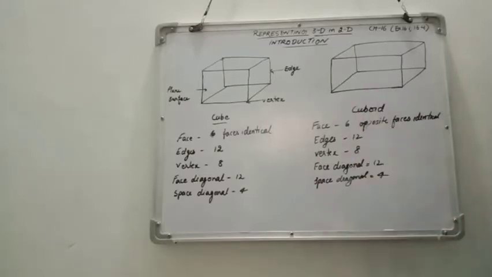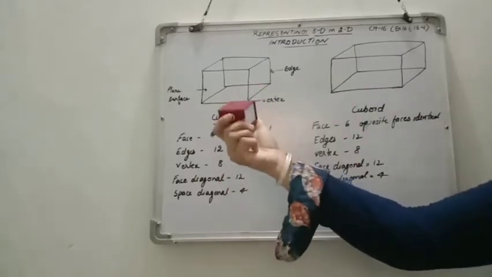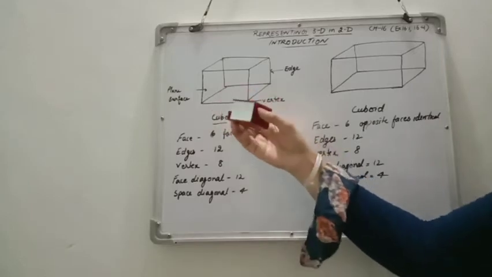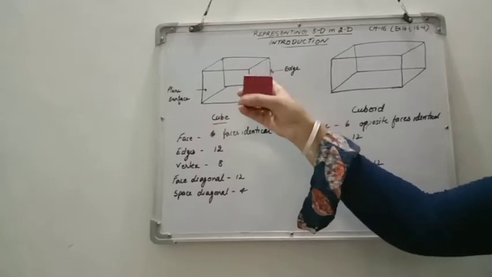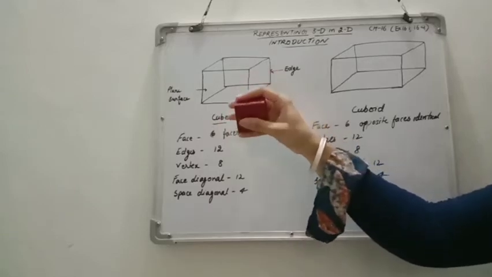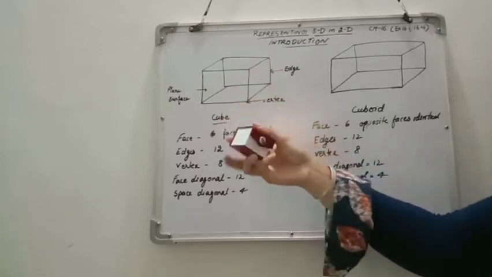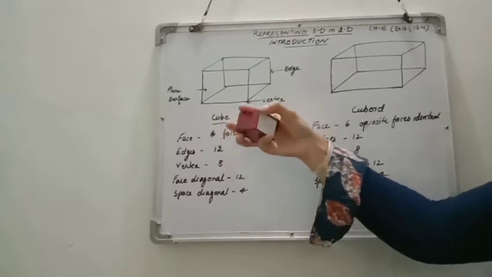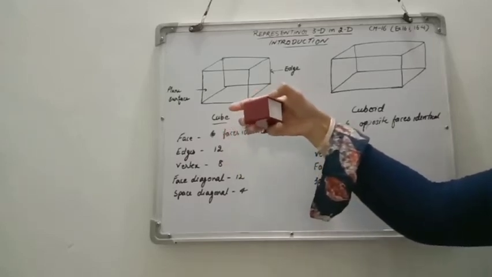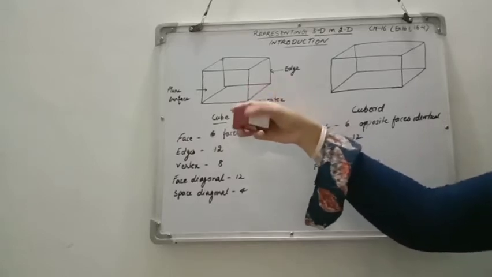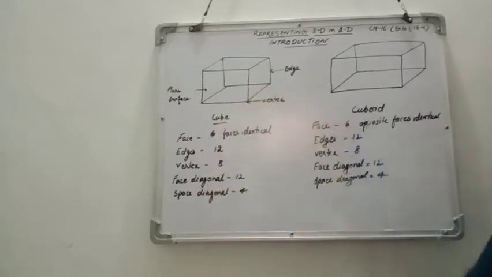In the cube, you can see in this box, this is like a cube. This is called a plane surface, a face. These points are called vertices and these lines are called edges.